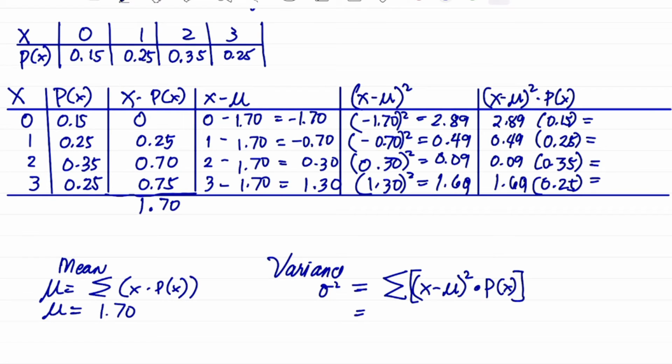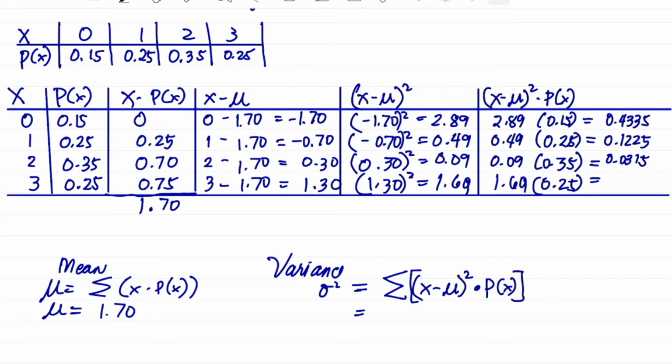2.89 times 0.15, that is 0.4335. Next, 0.49 times 0.25, that is 0.1225. Next, 0.09 times 0.35, that is 0.0315.